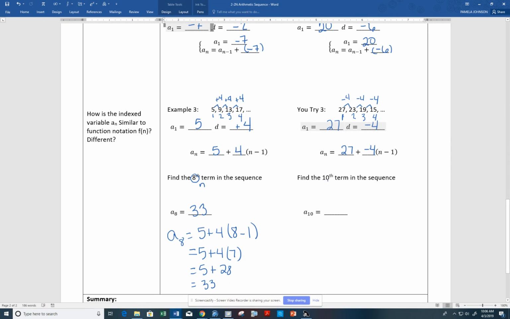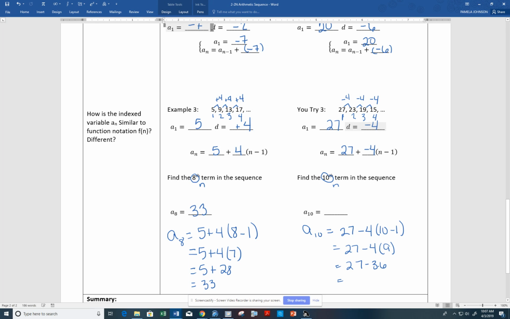We're looking for the 10th term. This is going to be our n. A sub 10 equals 27. Instead of saying plus -4, I'm just going to say 27 minus 4 times 10 minus 1. So 27 minus 4 times 9. 4 times 9 is 36.